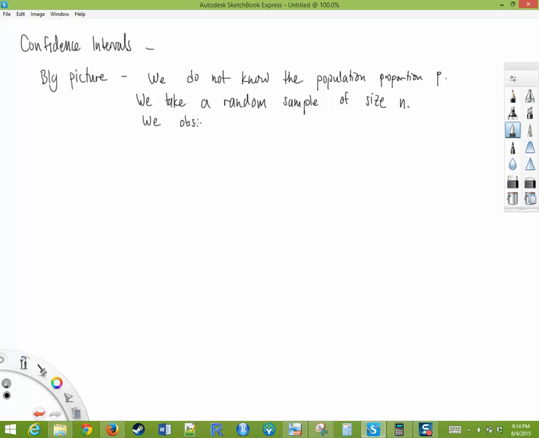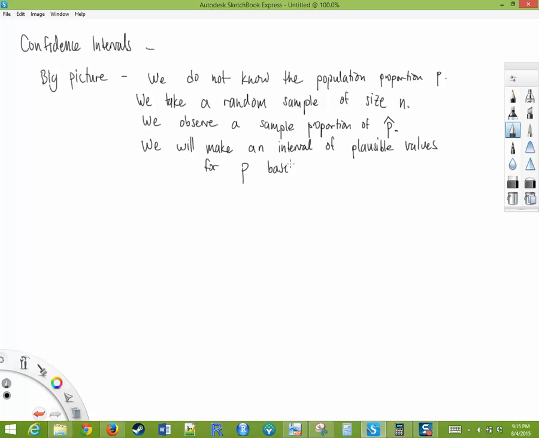We observe a sample proportion of P hat. We will make a range or an interval of plausible values of P based on what we see in the sample.